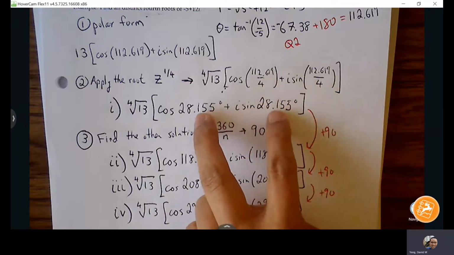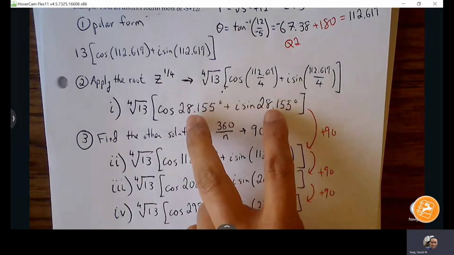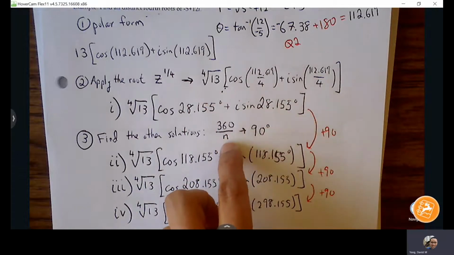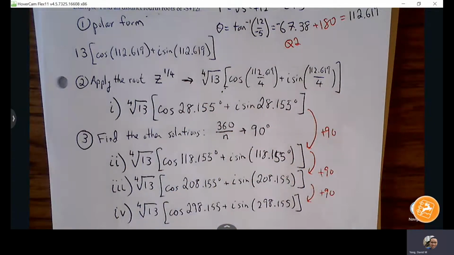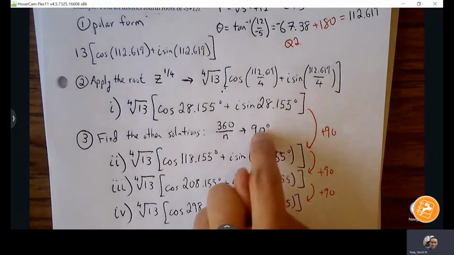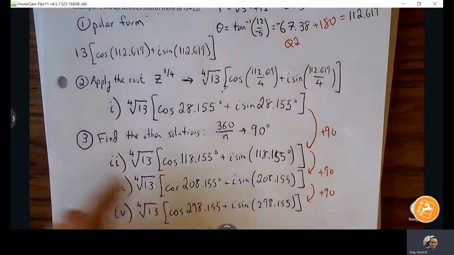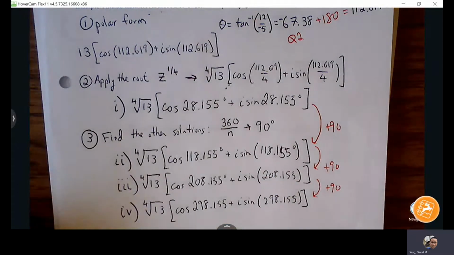And then once you're there, you're going to take either 360 or 2 pi, depending on whichever form it's in, divided by how evenly spaced apart you want it to be. However many solutions there are, I want it to be divided evenly. So divide by 4 is 90. So that means every solution is going to be 90 degrees apart. So you're going to keep adding 90 until you reach the number of solutions. Okay.